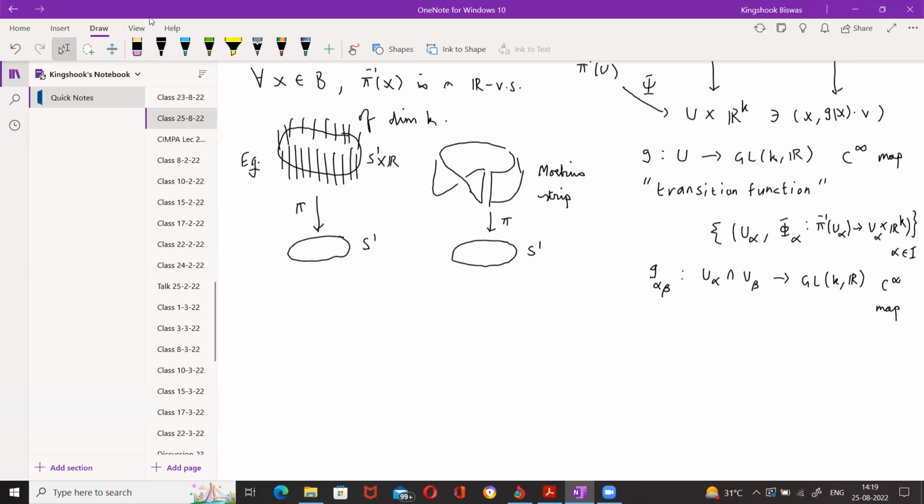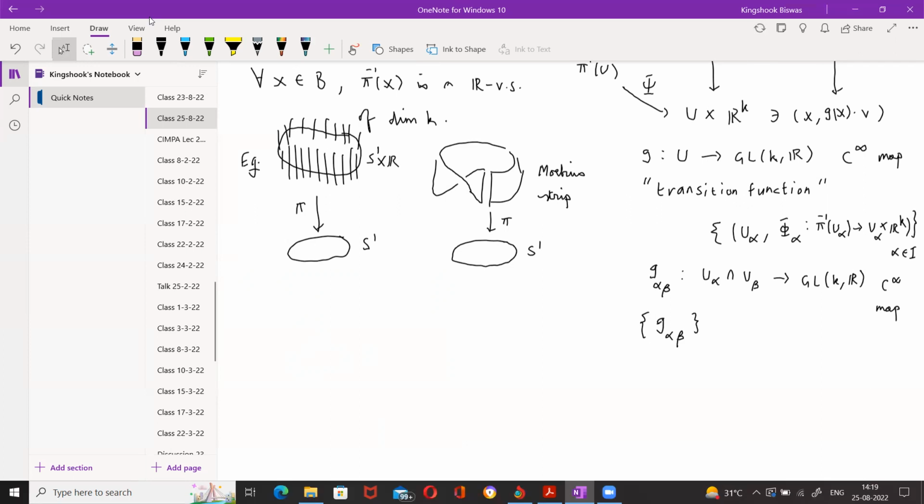And in fact, the collection g alpha beta is enough to define a vector bundle. It contains all the information about the vector bundle.